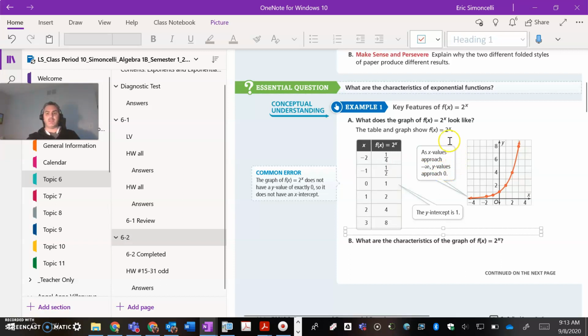That concept, as they express here, is as x values approach negative infinity, y values approach 0. So the y doesn't actually equal 0. It'll get close, but never get there.